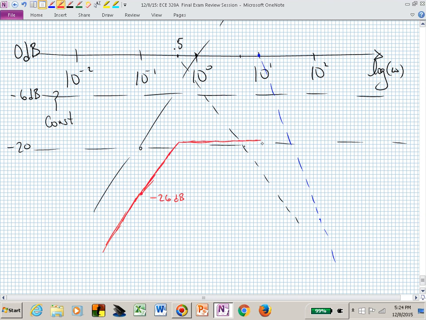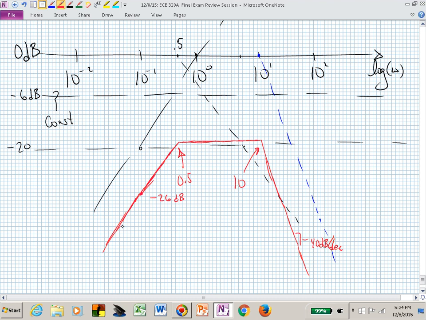Meaning I now need to make my total slope parallel to, so this is now minus 40 dB per decade, and these kinks are happening at 0.5 and 10.